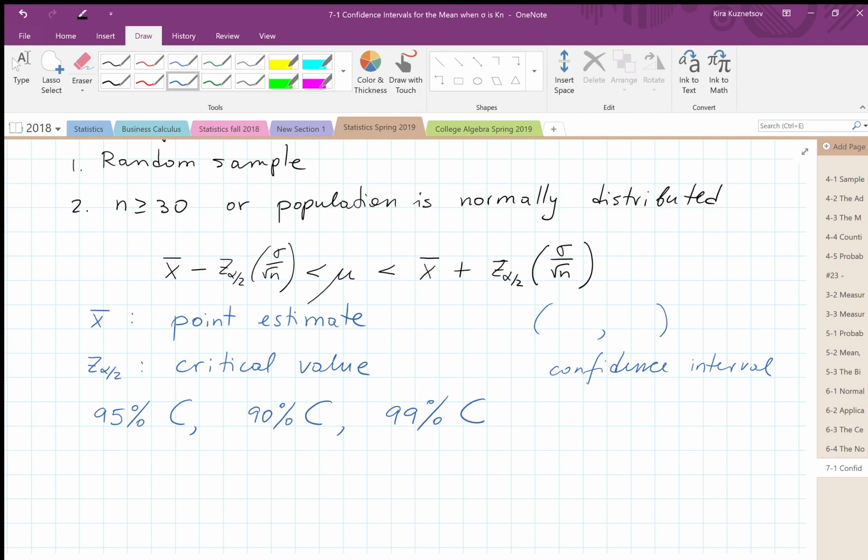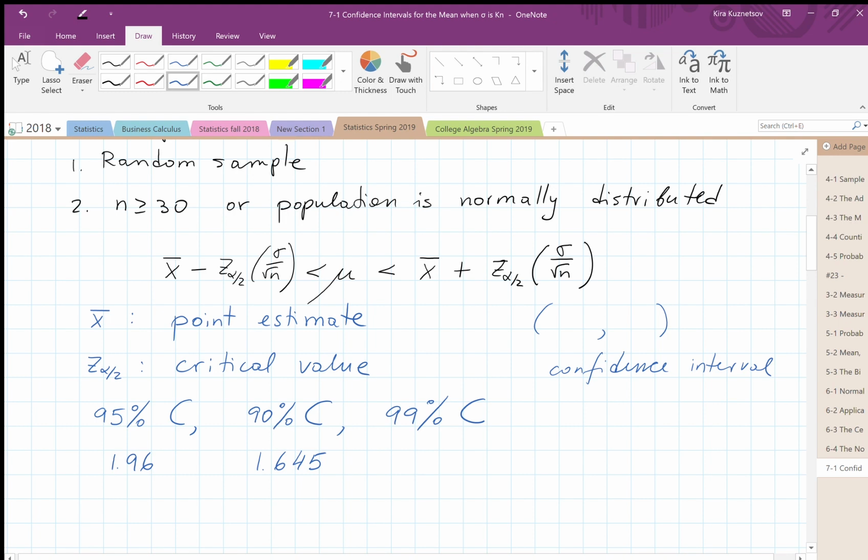Now there is a z score that corresponds to each of these. For 95% confidence, you can use 1.96. For 90% confidence, the book uses 1.65, but I'd prefer 1.645 because that would be a better estimate.